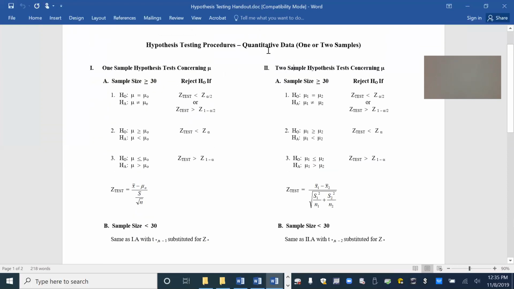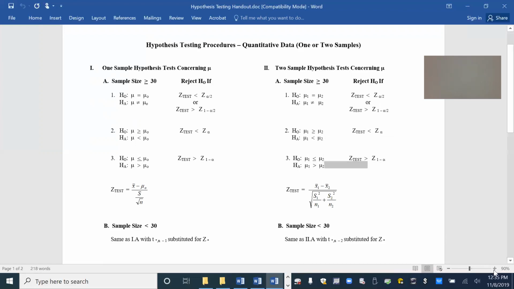It's a Roman numeral two sample. Are both our samples over 30? Yep. Is it a 2A, a 2A1, a 2A2, or a 2A3? We're trying to show that the new one is more than the old one.